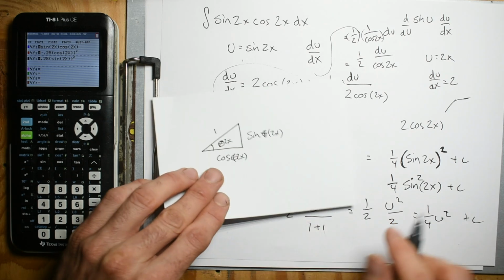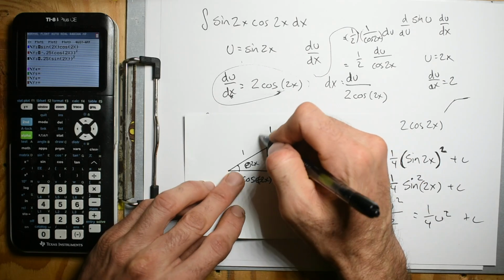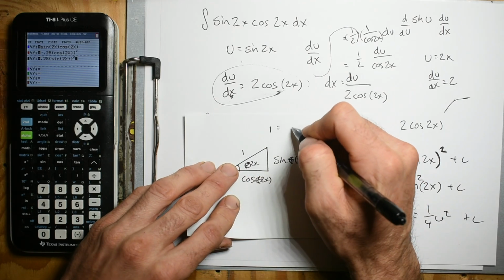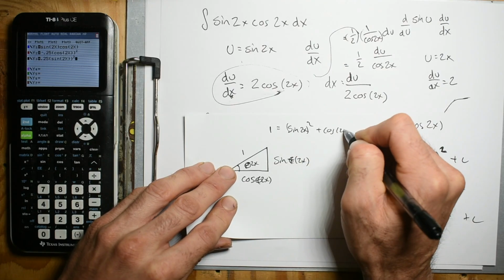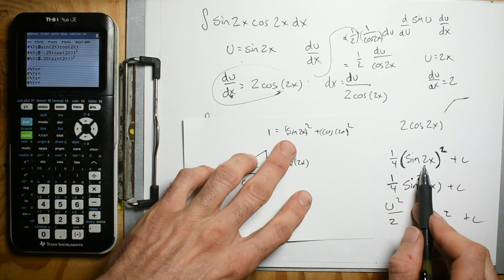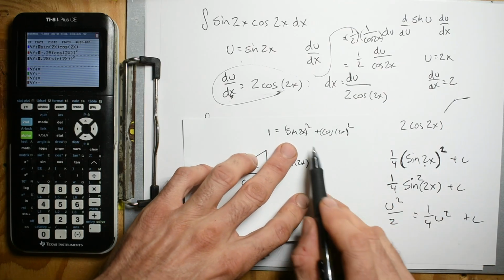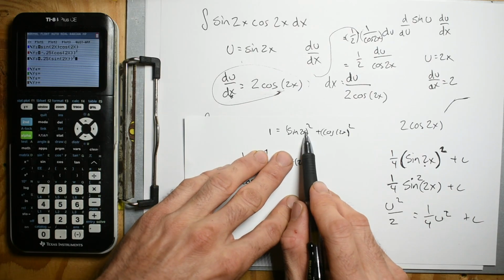But if I want to get this in terms of cosine, we know that your hypotenuse squared is equal to sine 2x squared plus cosine 2x squared. And so if I want to replace this with a cosine, oh, that's going to be interesting.